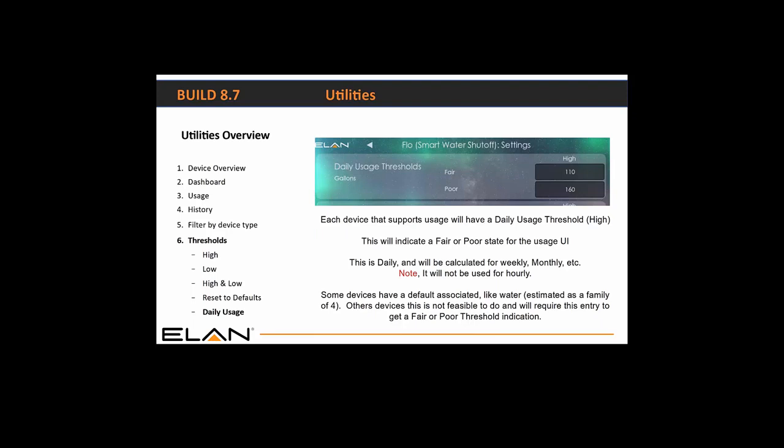That could be changed, and likely probably should, but some we can't, like power, for instance. We can't estimate how much power because it depends what's plugged into it. There is no predefined default, so it is 0. So you have to enter that in if you want to get those yellow or red lights, or maybe you just don't want that at all, and that's a 0. That's okay too.